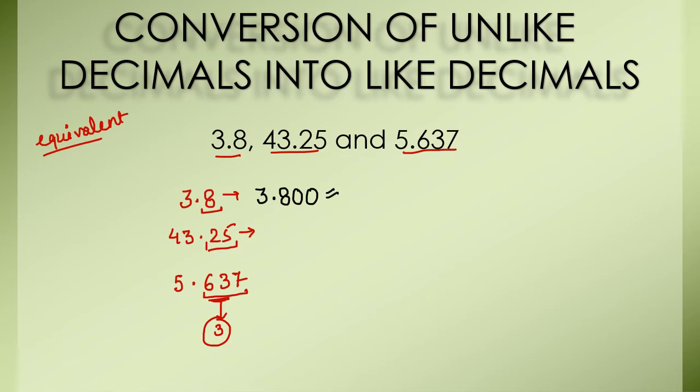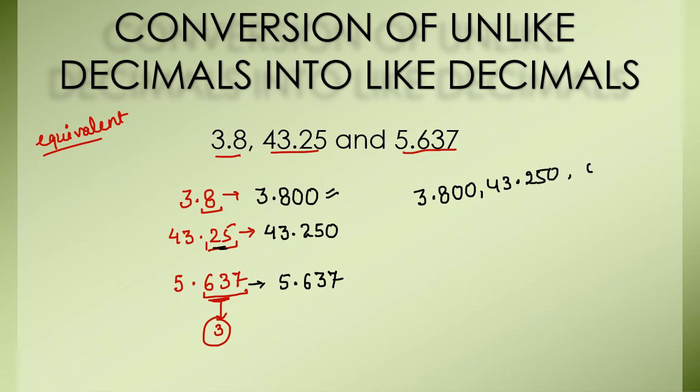Similarly, 43.25, two digits are already there, we have to add one more digit, so it can be written as 43.250, and in the last one we already have three digits, so it will be written as it is. Therefore 3.800, 43.250 and 5.637. They are all like decimals now.